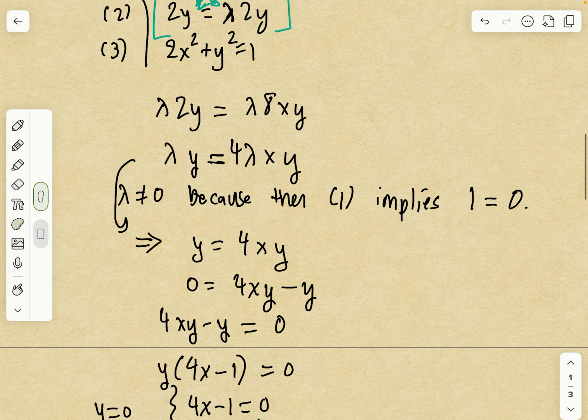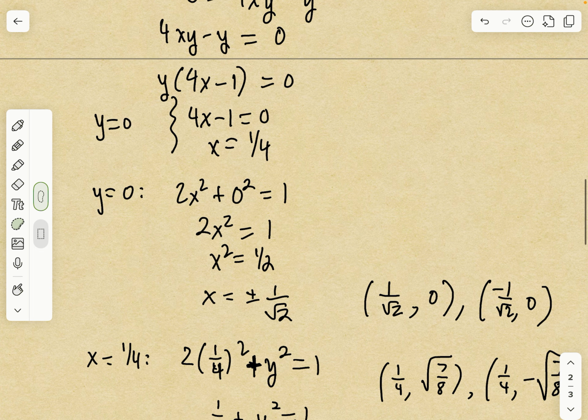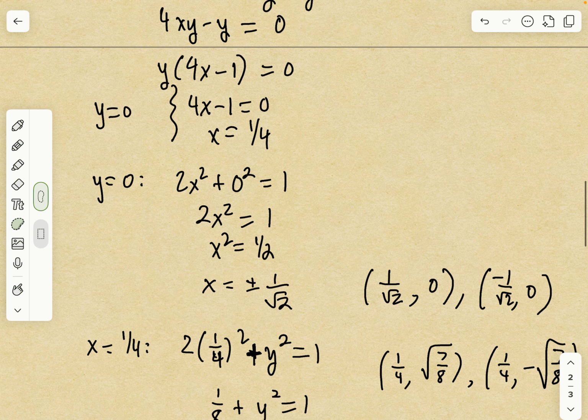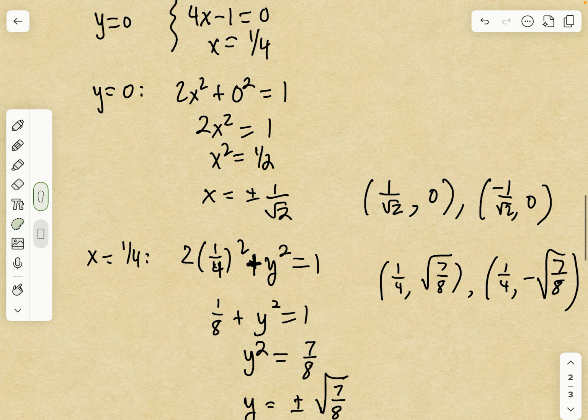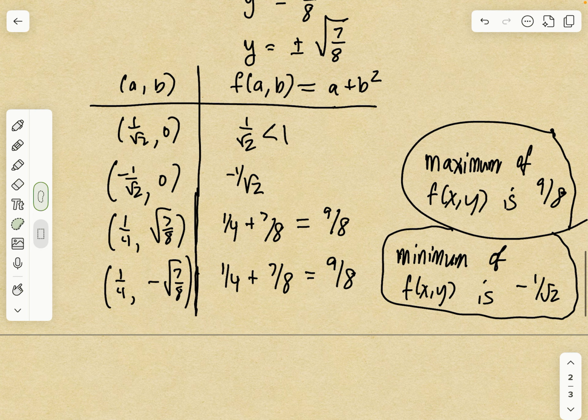That's what you get from the first two equations. And then when you have those, you plug those into the third equation to see what you get. So then you get these 4 points, and then you test them by plugging them into the function, and then you know what the max and mins are. Okay. And that's all I want to say in this Lagrange multiplier example.